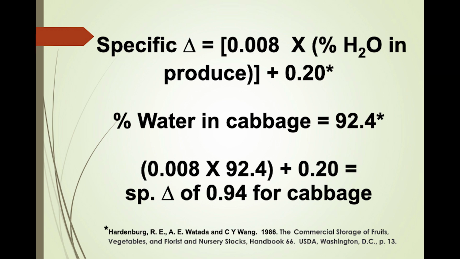So to cool 1 pound of cabbage 1 degree Fahrenheit, we'd have to remove 0.94 BTUs of heat energy. To cool 1 pound of water 1 degree Fahrenheit, we'd have to remove 1 BTU of heat energy.